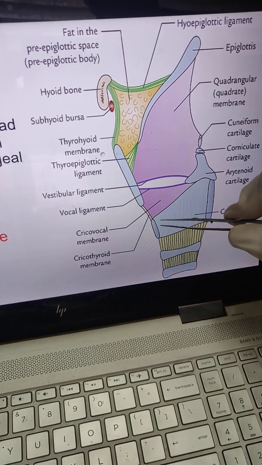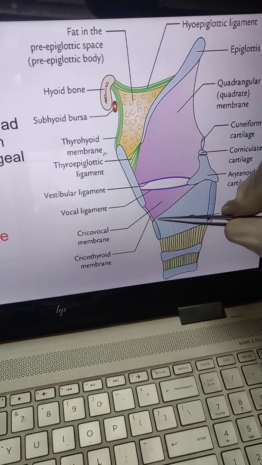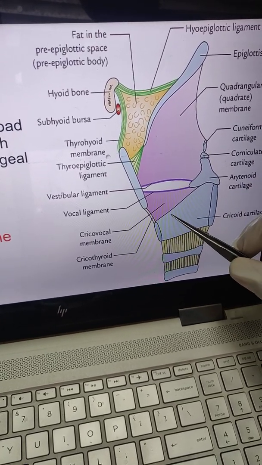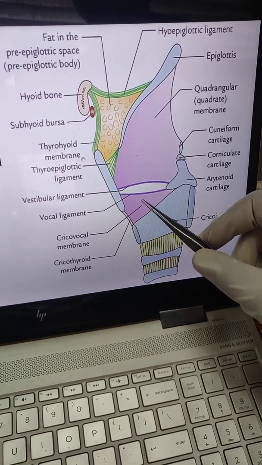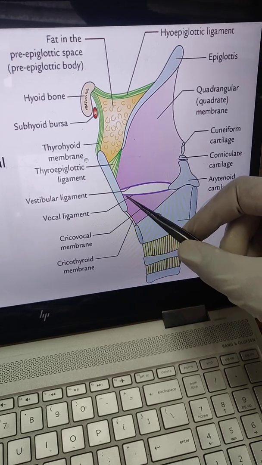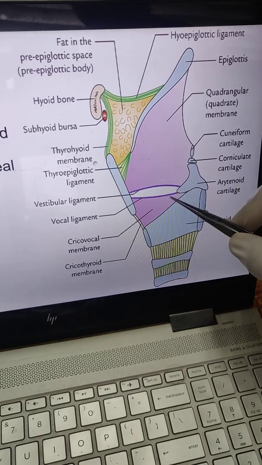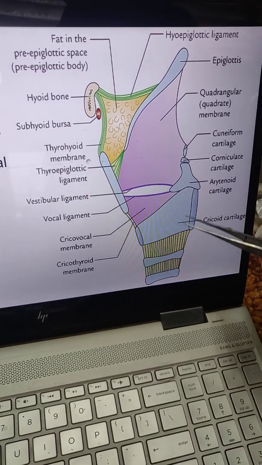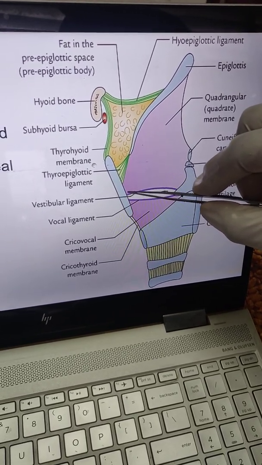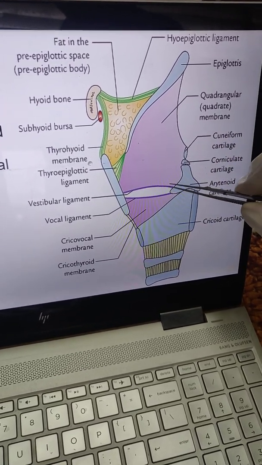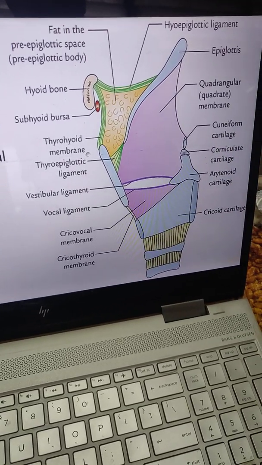While the vocal ligament, from the cricoid cartilage to the upper side, there is a fold inside the laryngeal cavity. It makes the most upper part of the cricovocal membrane. It makes the vocal ligament, and it is the narrowest part of the larynx. And there are two ligaments. The lower fiber of the quadrate membrane is called the vestibular ligament, and the upper fiber of the cricovocal membrane is called the vocal ligament.